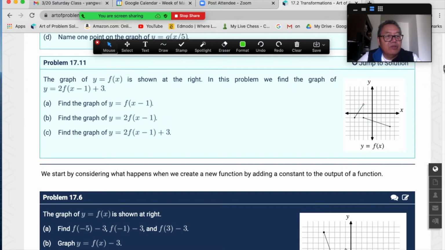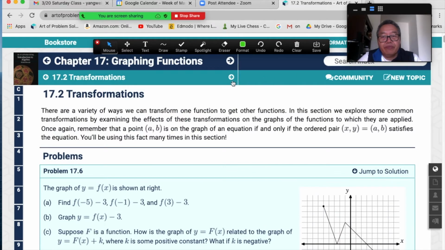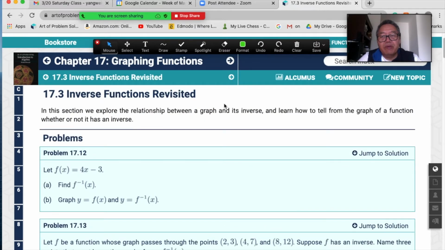Now let's go to the next section. So now let's see section 3, inverse functions revisited. We already showed you the reverse function, right?